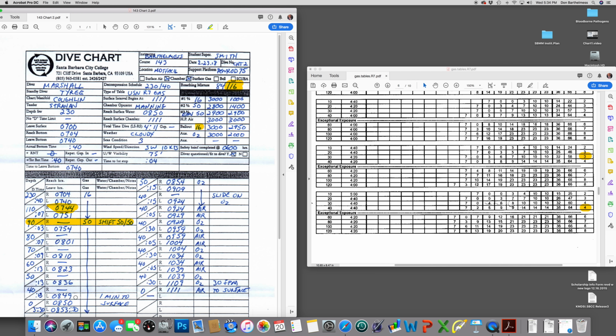So for charting purposes, the Navy says, okay, use a minute in the water, and then 3 minutes and 30 seconds to get undressed, which is actually a long time, and then a ridiculous amount of time, 30 seconds to pressurize to 50 feet and get on oxygen. That totals 5 minutes. So we reach the surface at 8:50.